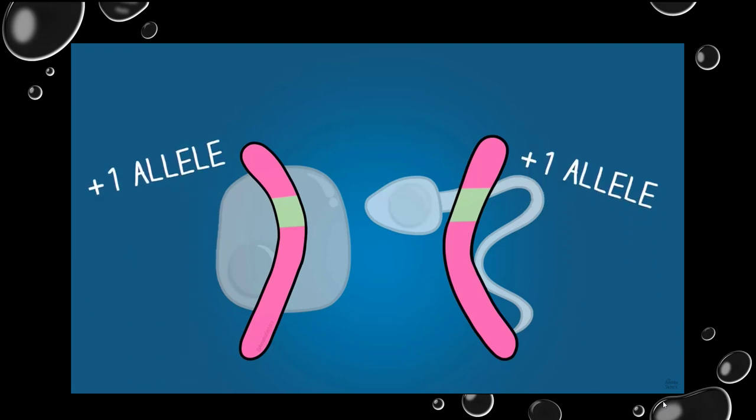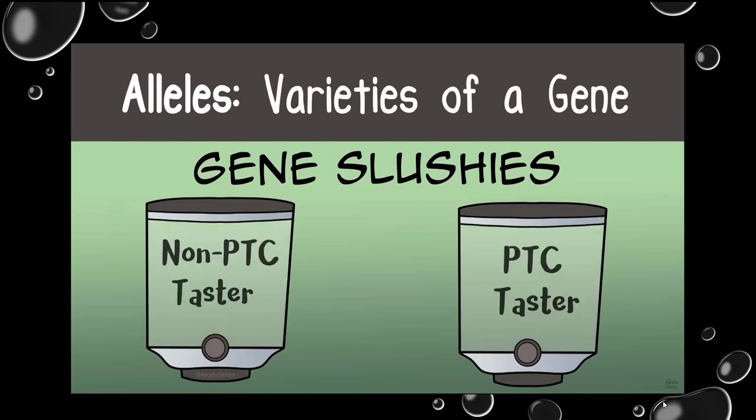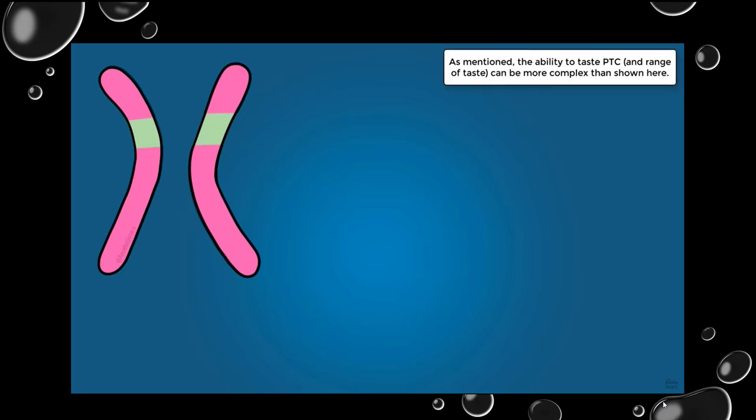Each parent contributes an allele, which is a variant of a gene. An allele is a variety of a gene, a form of a gene. The alleles could be the same form of the gene or different forms of the gene, but regardless, in this case, they're forms of the gene involved with PTC taste sensitivity. So if PTC taste sensitivity is being used as a one gene trait example, and as we mentioned, it may not be that simple, then your DNA code has a gene related to PTC taste sensitivity.